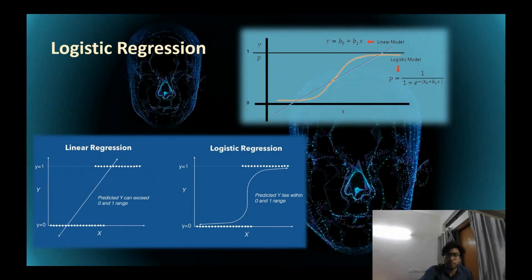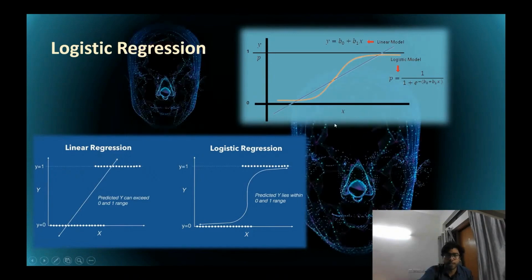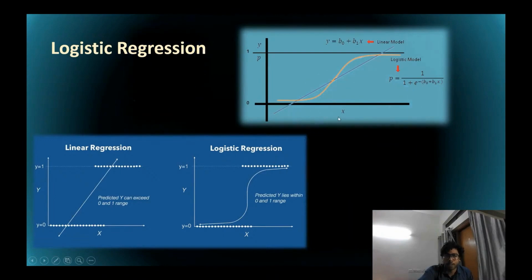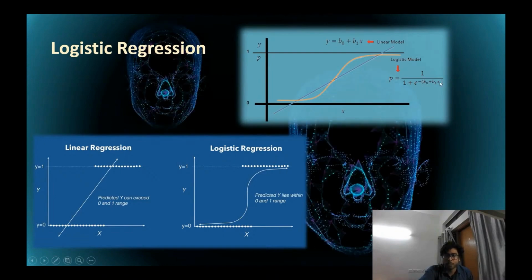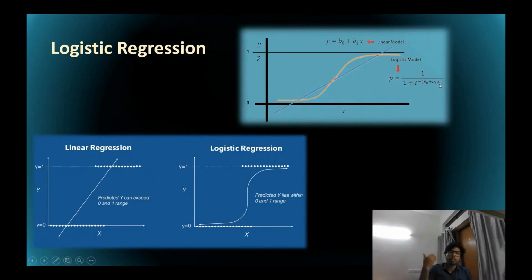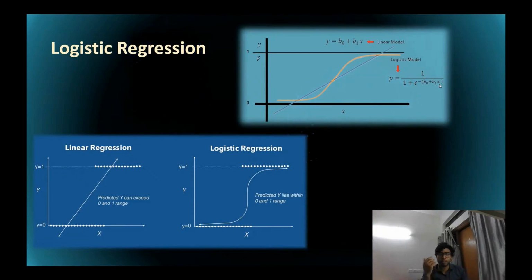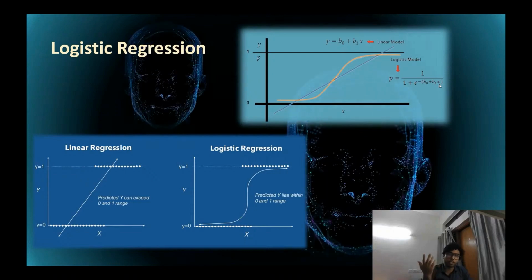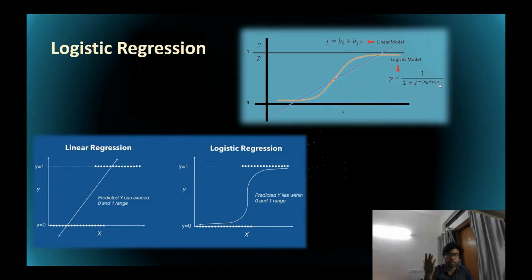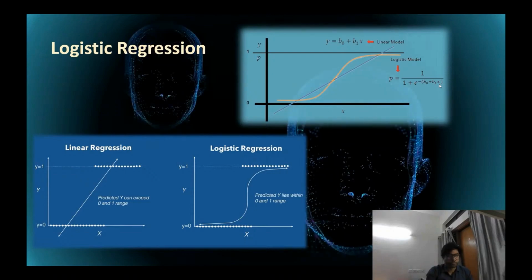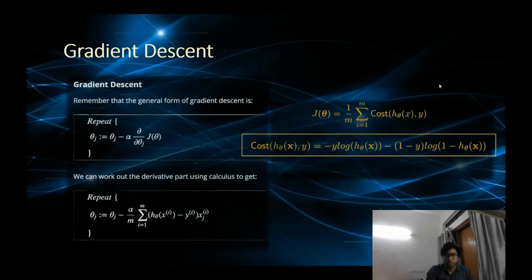And similarly, if you have more features other than weight, like size or something else, you would have b naught plus b1 x1 plus b2 x2 plus b3 x3 and so on, whatever the number of features that you have. So h theta x is basically that p value, right? And minus (1 minus y) log of 1 minus h theta x, right?